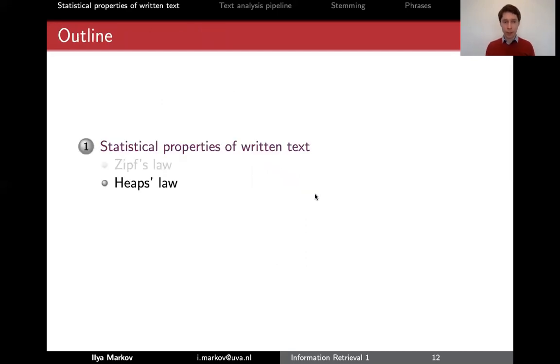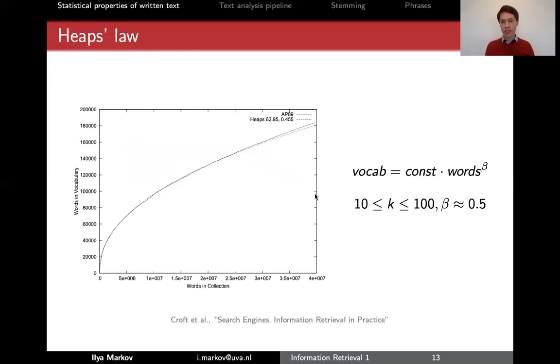The second law probably affects the text compression techniques even more. It's called Heaps' law, much less known than Zipf's law. And Heaps' law says that the number of unique words in a language or in a collection is sublinear. These are unique words in our vocabulary, and these are all the words in our collection or language.